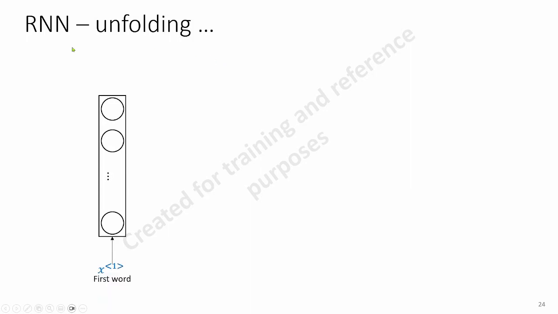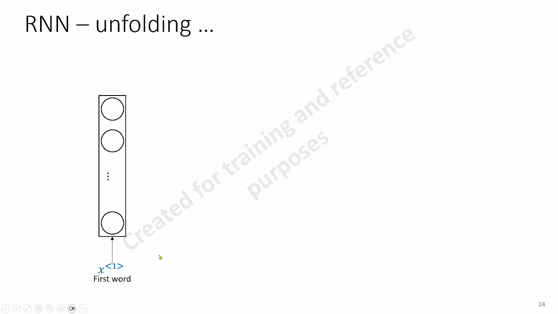Now that we have understood the embeddings, let's take a look at how RNN cells are unfolded given an input sequence. Let's say this is your RNN cell, and as you notice, there are hidden neurons here, and that will define the memory of the network.